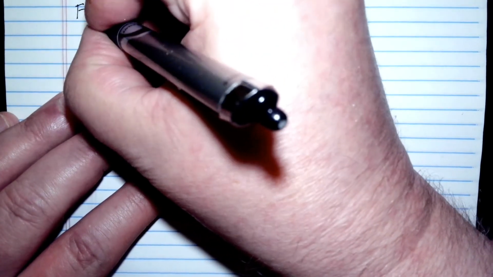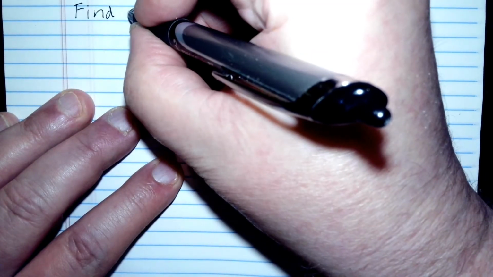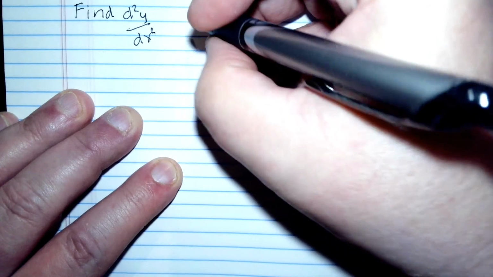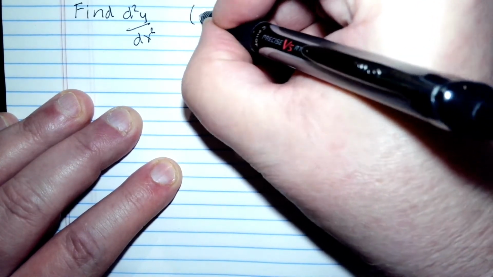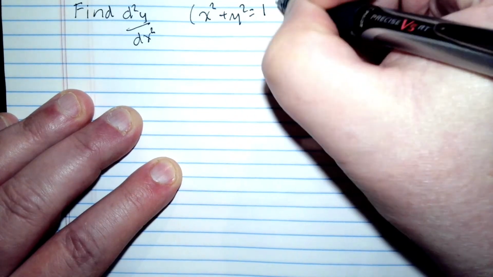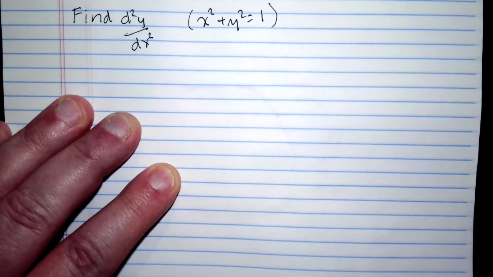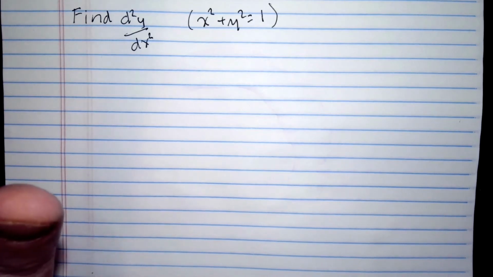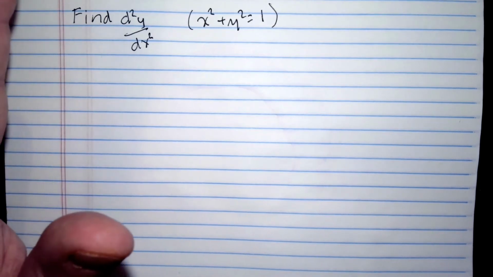So let's go back to our example and see if we can find the second derivative of y with respect to x. So find d squared y over dx squared. And again, the equation we're using is x squared plus y squared equals 1. Alright, so you know that to find the second derivative, you differentiate the first derivative.